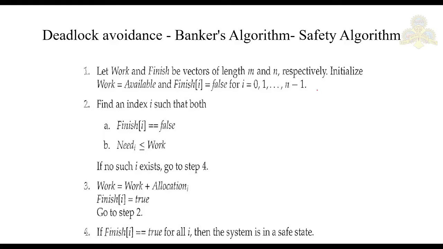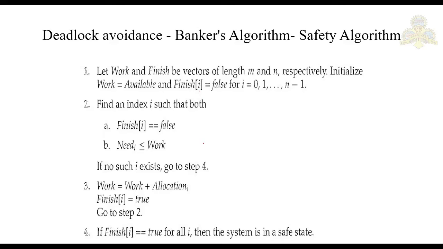At the start of execution we consider none of these processes are executed. That means i becomes 0, 1, 2, 3, 4 up to n minus 1. If we have 5 processes in the system, n minus 1 would be 4. So finish of 0 would be false, 1 would be false, 2, 3 and 4 would be false.